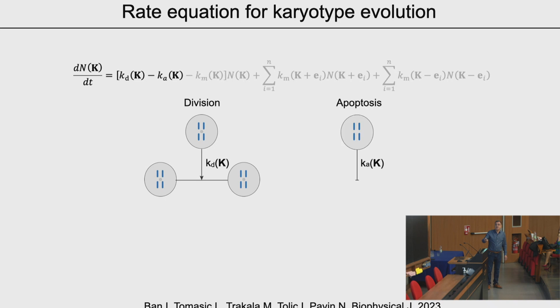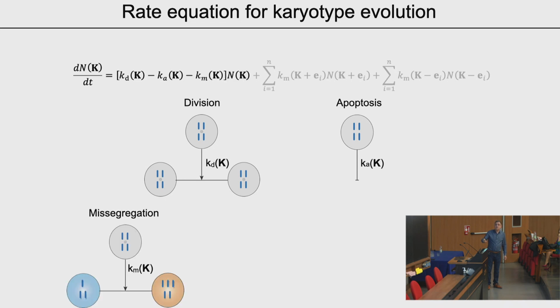Then, in addition to successful division, some cells can actually undergo apoptosis or cell death, or cells can also misaggregate, and for all these 3 reasons, they contribute to how the number of cells changes there.